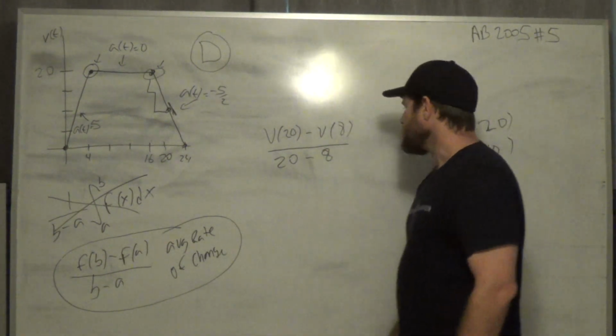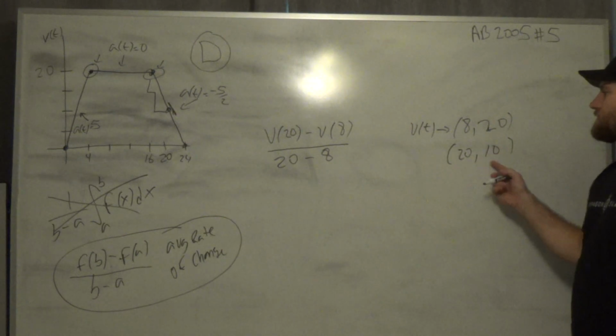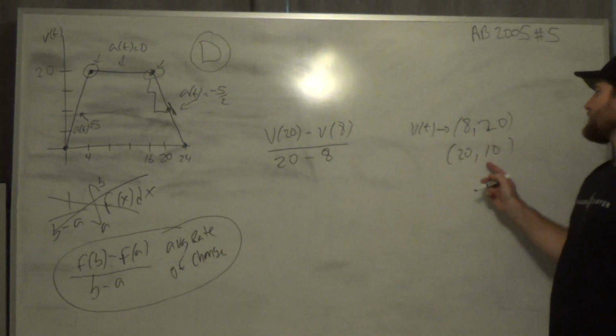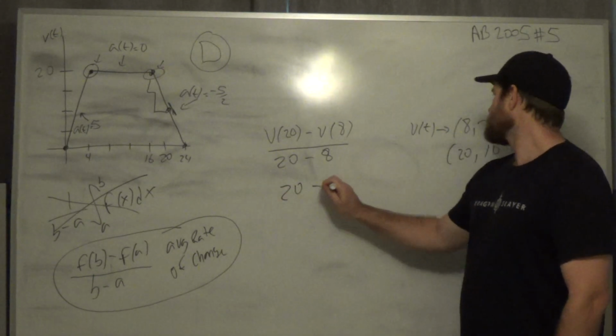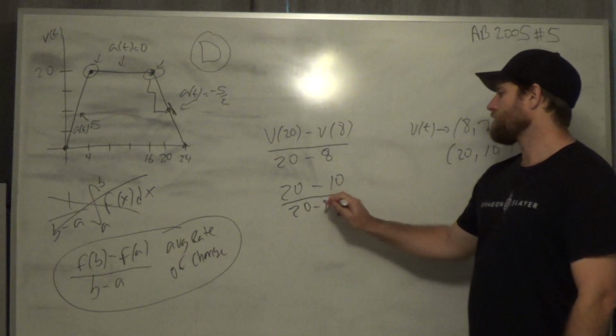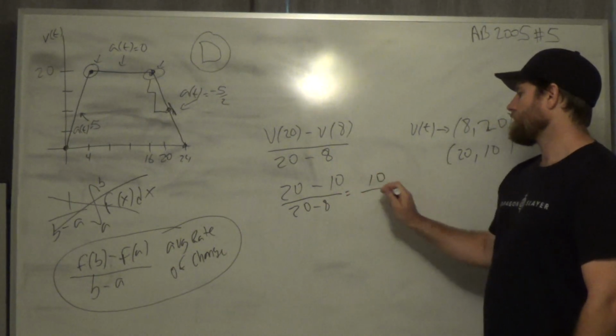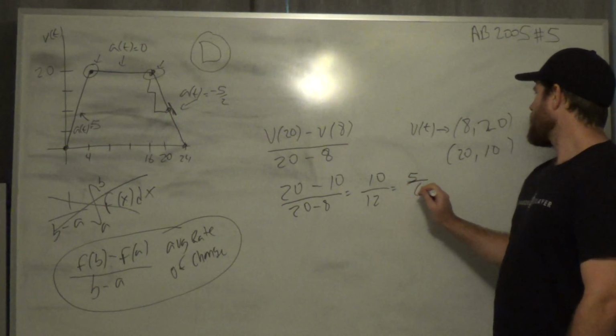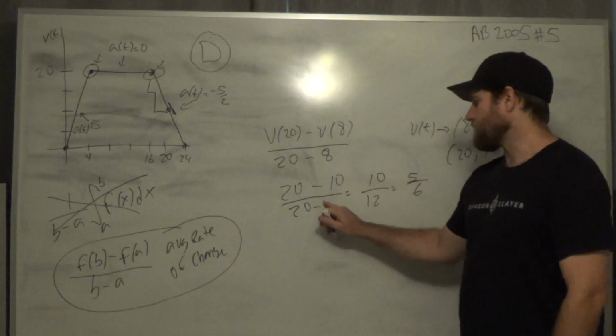So I'm going to take these ordered pairs and basically just find slope. So subtract the y's on top, and the x's on the bottom. I did something wrong. I flipped those around.